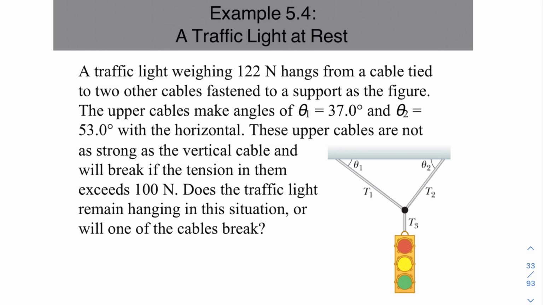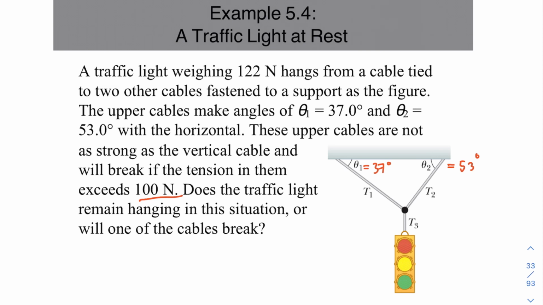The upper cable makes an angle of theta 1 equivalent to 37 degrees, here is 37, and theta 2 equivalent to 53 degrees with the horizontal. These upper cables are not as strong as the vertical cable, and will break if the tension in them exceeds a maximum, which cannot be more than this, or else it will break. Does the traffic light remain hanging in this situation, or will one of these cables break?